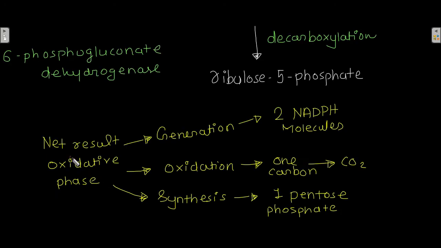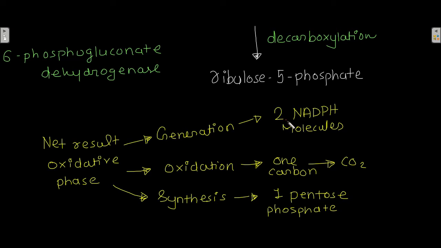The net result of the oxidative phase of the pentose phosphate pathway is the generation of two NADPH molecules, the oxidation of one carbon into carbon dioxide, and the synthesis of one pentose phosphate molecule.